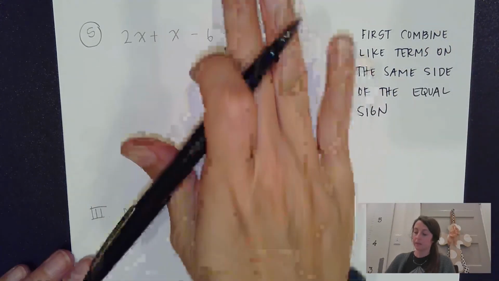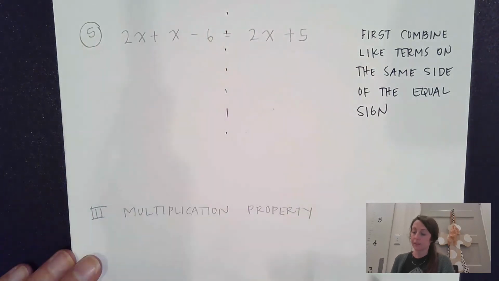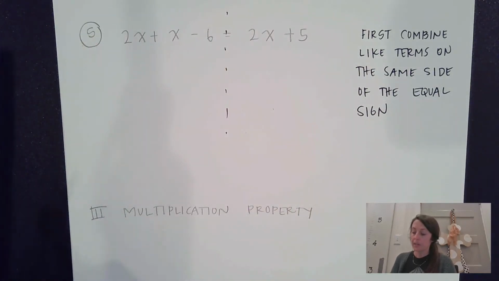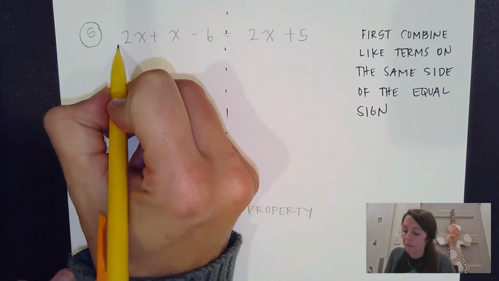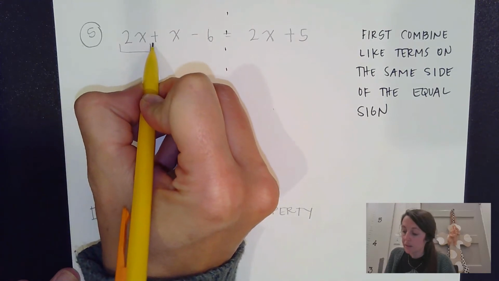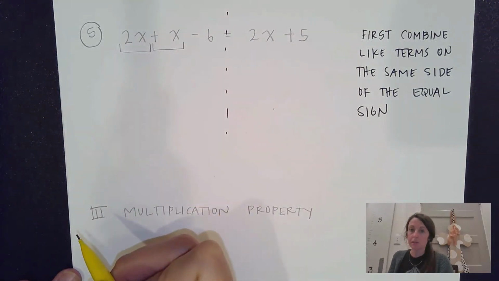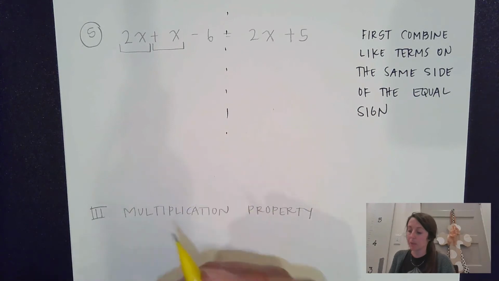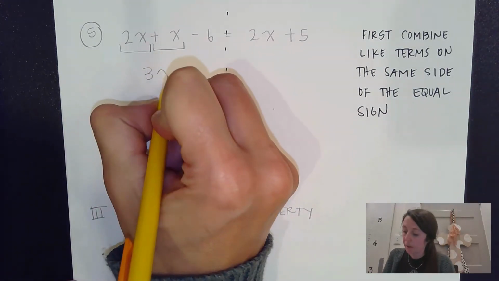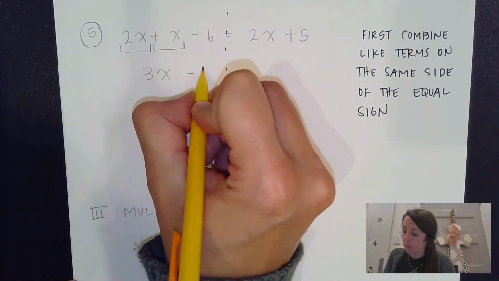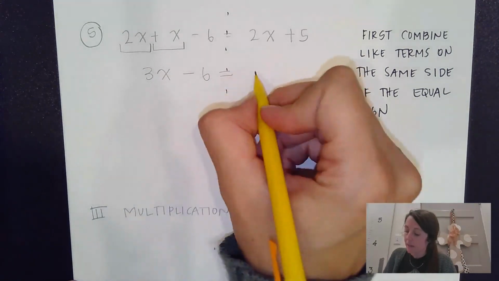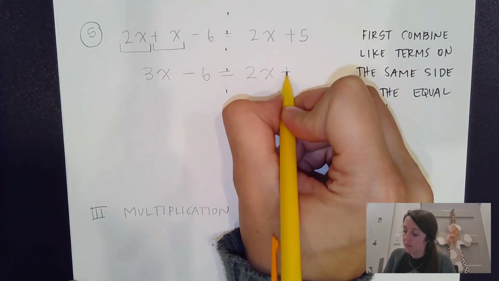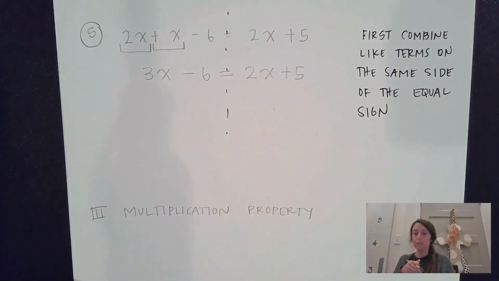Let's look at this left-hand side first. Are there any terms that I can combine together? I can take 2x and add it to this x. Those are the same terms. 2x plus a 1x is a 3x. I'm just going to bring down that minus 6. Now I've got a simplified left-hand side and a simplified right-hand side.